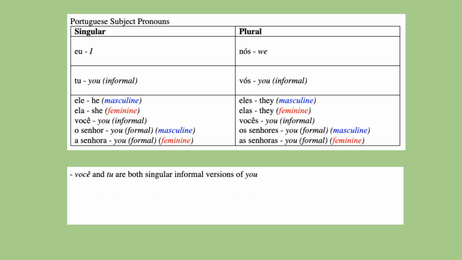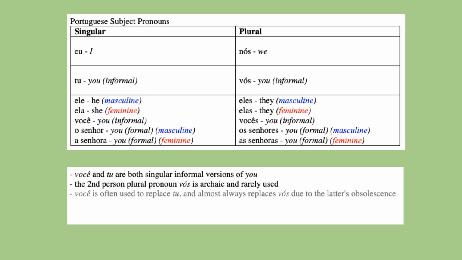Você and tu are both singular informal versions of you, and the second person plural pronoun vós is archaic and rarely used.